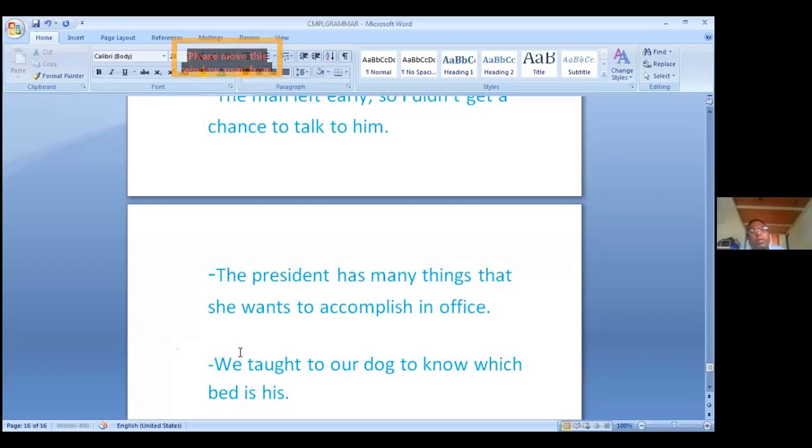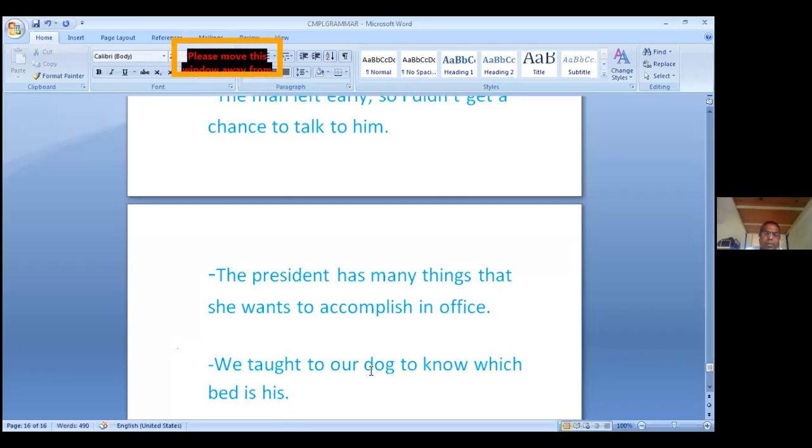Here we taught our dog to know which bed is his. This pronoun his stands for dog.